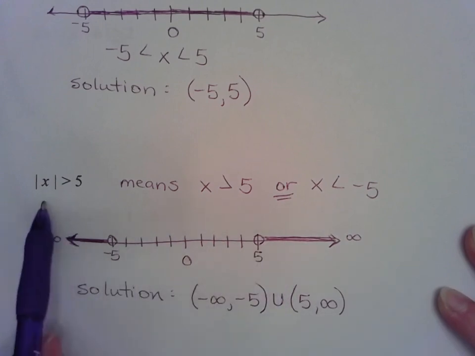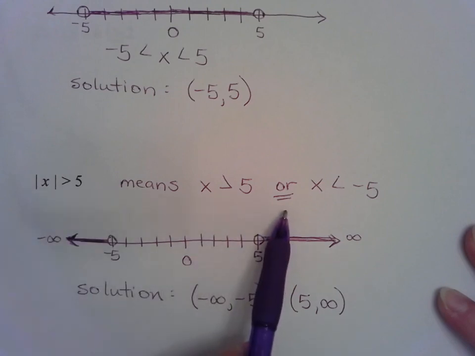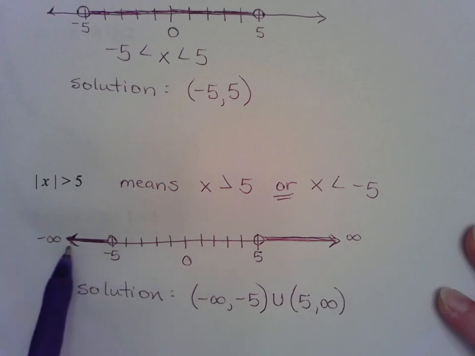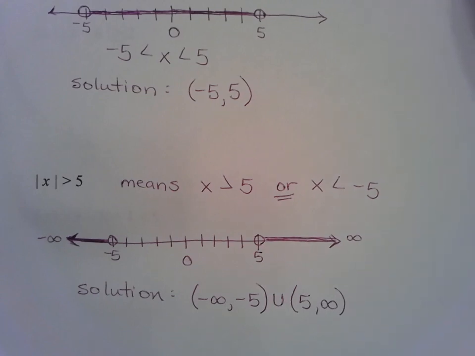If the absolute value is on the left and I have a greater than symbol, this is an or, which means that I'll have two separate groups of numbers, and I'm going to write them together with this union as my solution. Okay, so let's take this idea and apply it to solving an inequality.